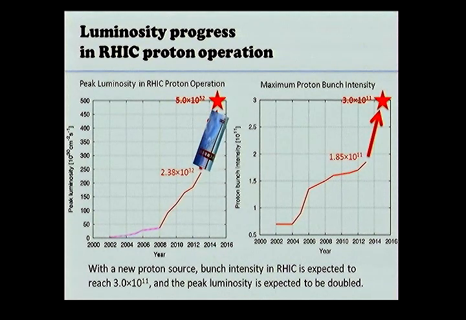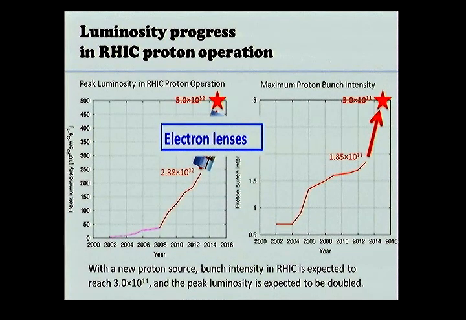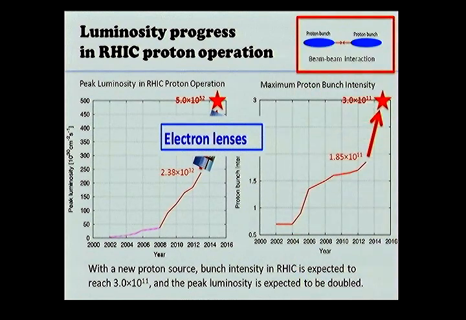To reach this luminosity goal, besides a new proton source, we still need a piece to bridge the gap between the current luminosity and the luminosity goal. This piece is electron lenses. We are going to use electron lenses to compensate the beam-beam interactions, the interactions between particles from two colliding bunches, because the beam-beam interactions prevent the luminosity increase even with the high bunch intensity.